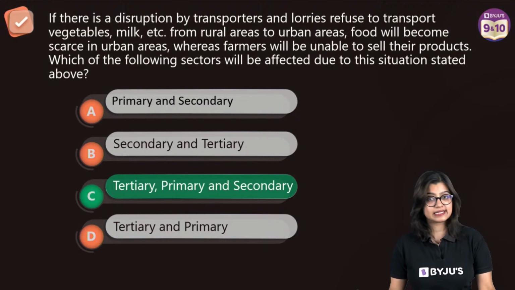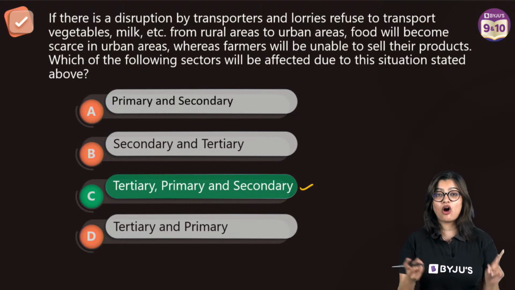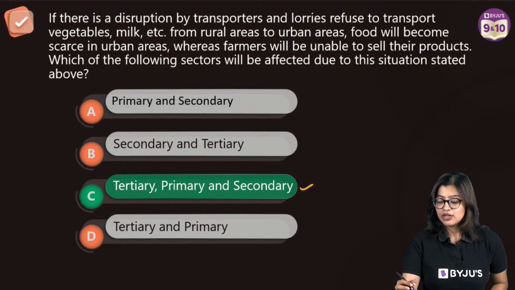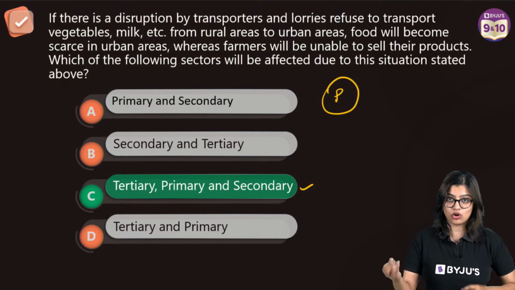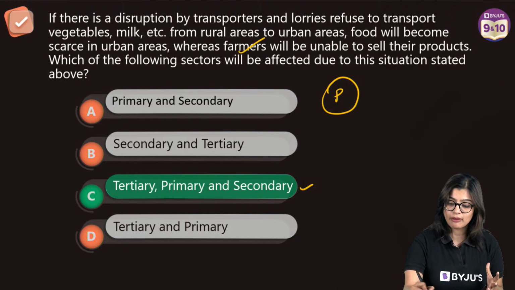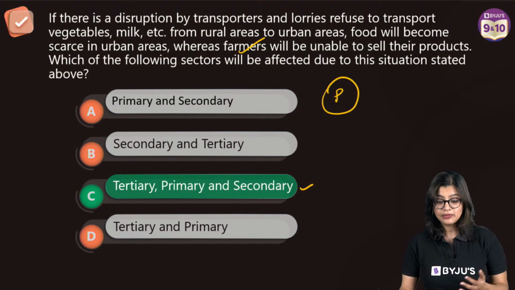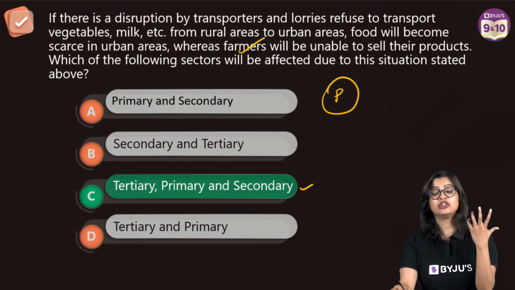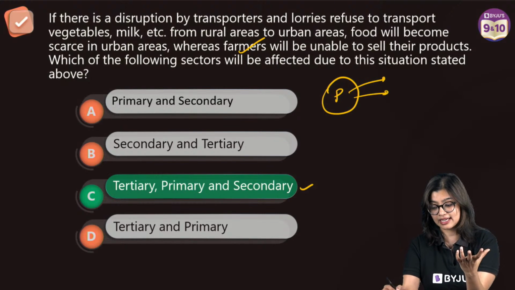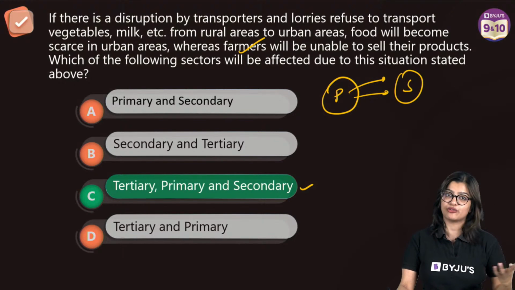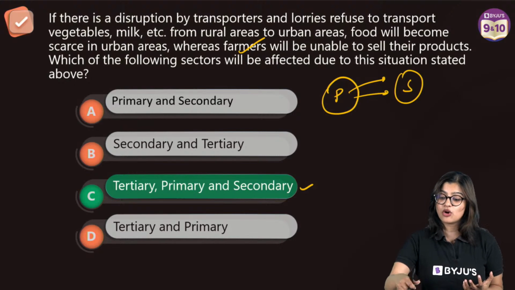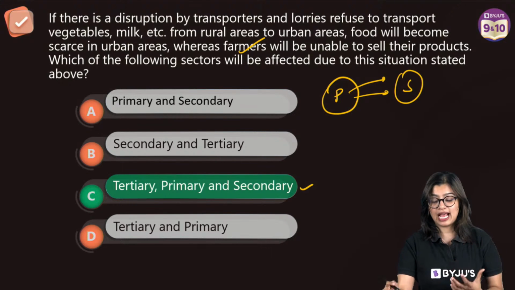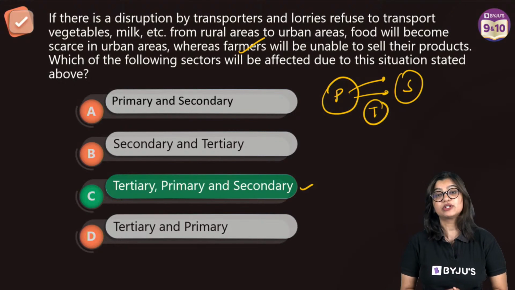It is option C. Because you know that all the sectors are interconnected. Now your primary sector is where you get your raw materials from. So farmers are the ones giving you the raw materials. Now from here, we know that the raw materials are needed for your secondary sector or your manufacturing sector. Now, how will it go from primary to secondary? With the help of services, right? With the help of tertiary.